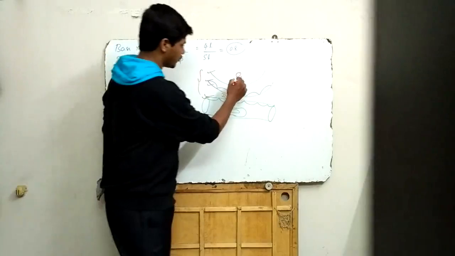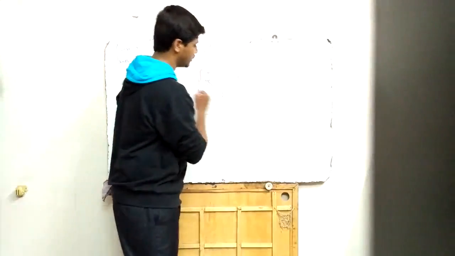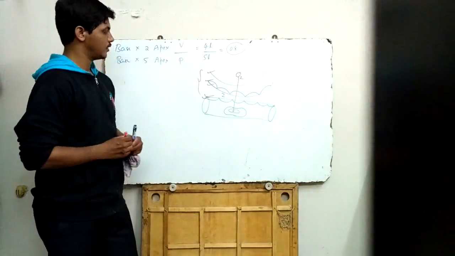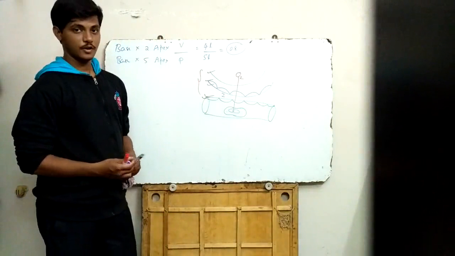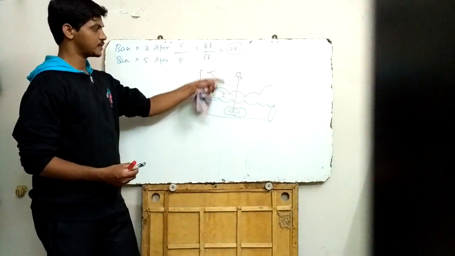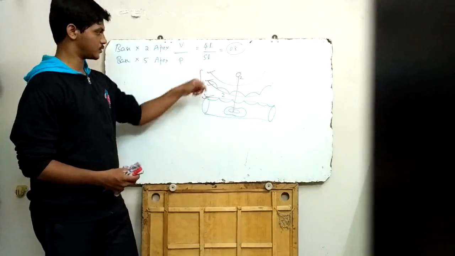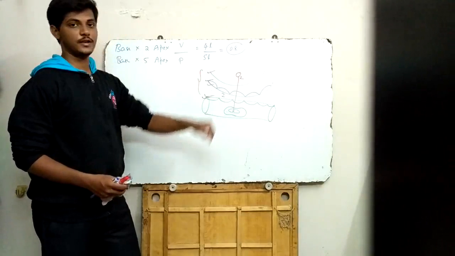The oxygen will pass all the way into the hemoglobin of the red blood cell. Through how many layers does the oxygen pass? It has to pass through 10 layers.